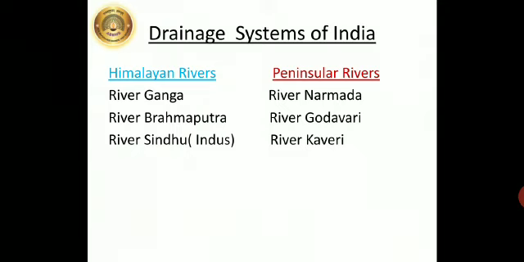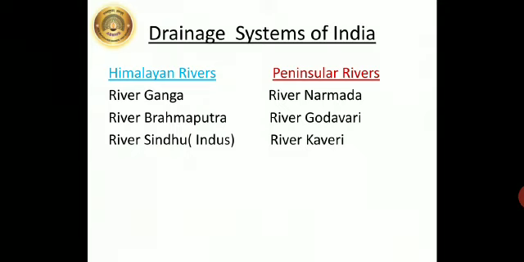While studying the physiography of any country, we need to study even the rivers of that country. So now let us take a look at the rivers of India and Brazil. The drainage systems of India. The rivers of India are divided as Himalayan rivers and Peninsular rivers.